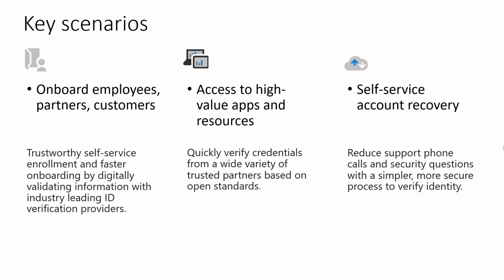Another example, access to high-value apps and resources. So we can quickly verify credentials from a wide variety of trusted partners based on open standards. This is exactly what I mentioned. Each organization can have its own identity provider, which is fine, but I don't want to create a user account in each identity provider.